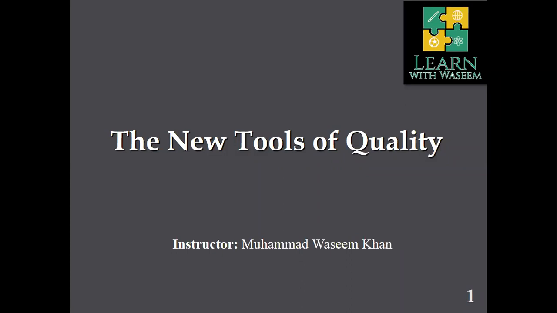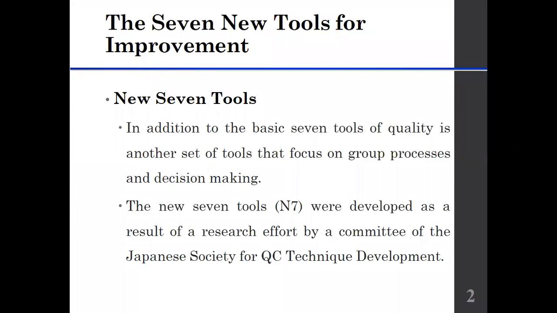In the previous lecture, we have discussed the Ishikawa 7 basic tools of quality, and in today's lecture, we will discuss the new 7 tools of quality. In addition to the basic 7 tools of quality, there is another set of tools that focuses on group processes and decision making.